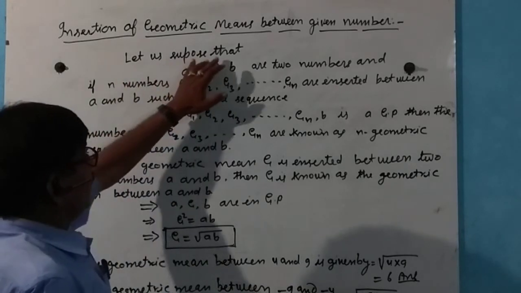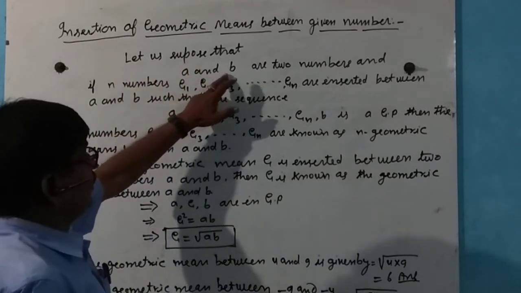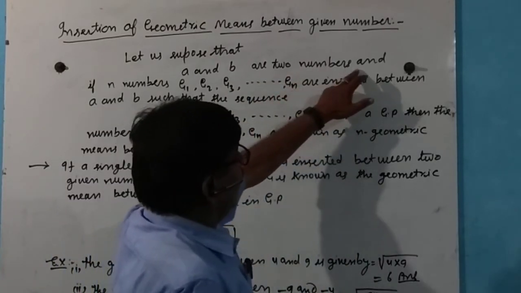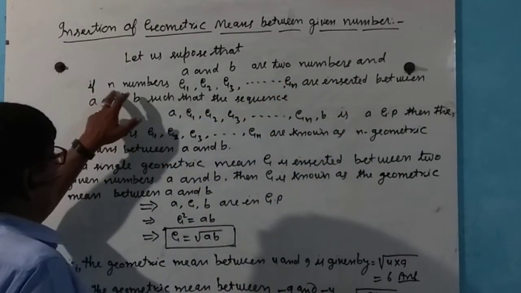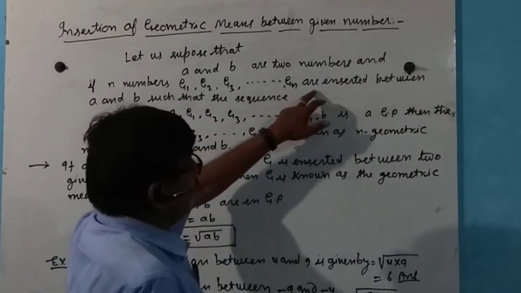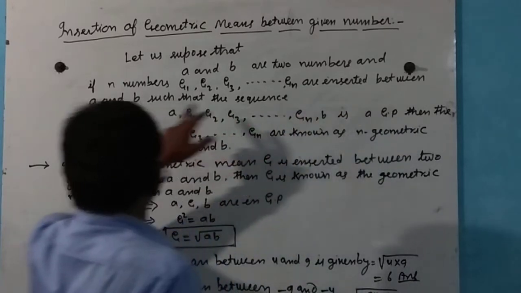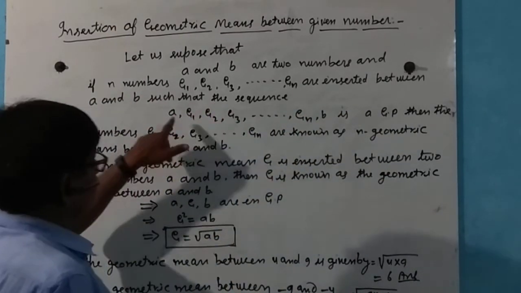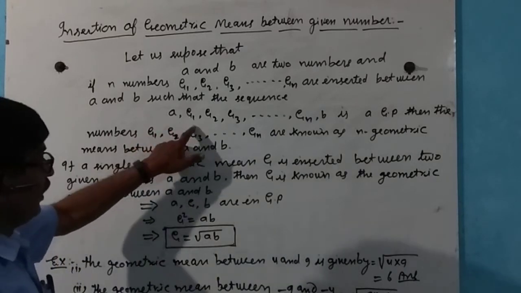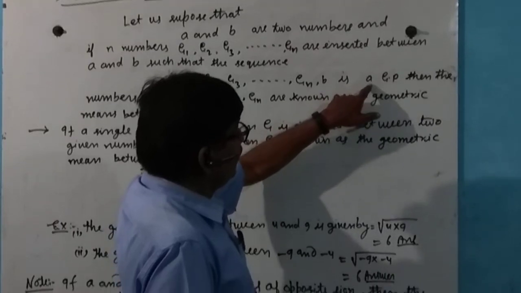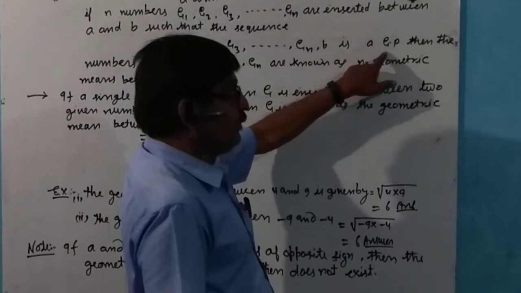Let us suppose that A and B are two numbers, and n numbers G1, G2, G3, up to Gn are inserted between A and B such that the sequence A, G1, G2, G3, up to Gn and B is a GP.